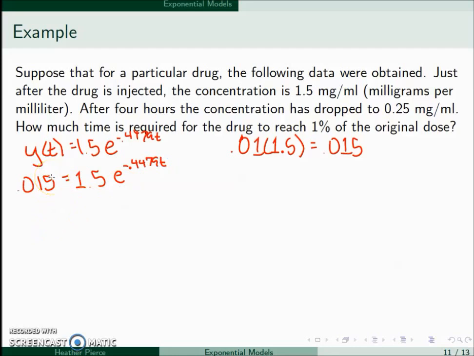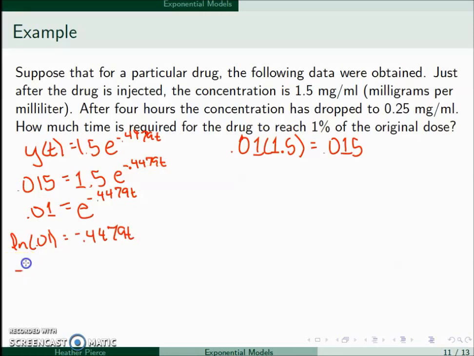So we'll start by dividing both sides by 1.5, and this gives 0.01 is equal to e to the minus 0.4479 t. We'll take the natural log of both sides to get rid of the e.